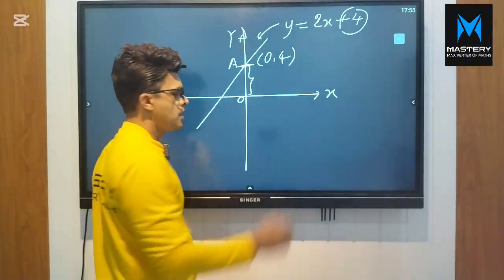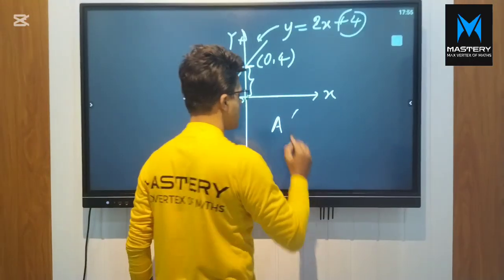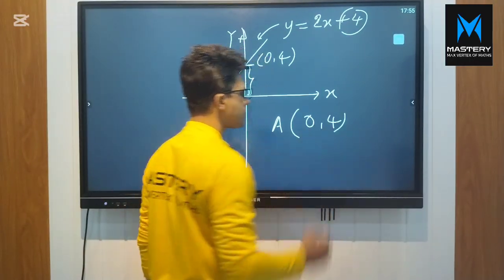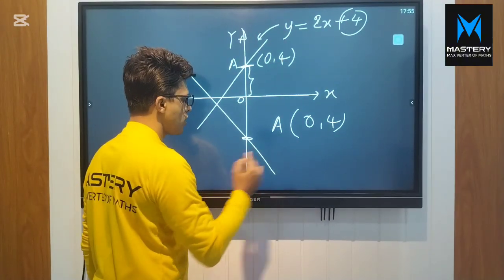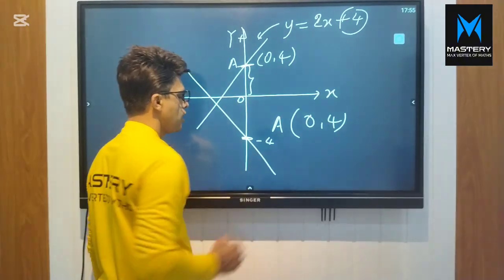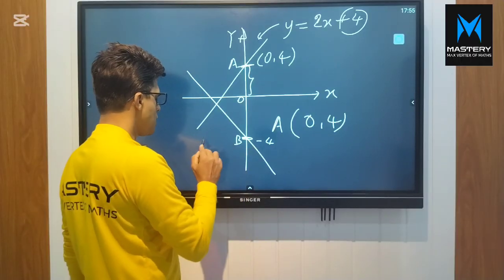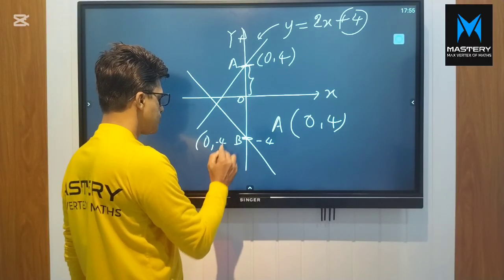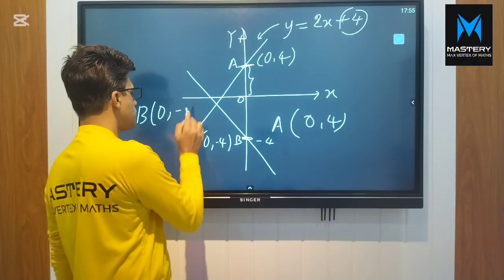So the answer is (0, 4). I mean, we need to get the coordinates of A, which is (0, 4). Just to think of this one, if this is minus 4 and this point is B, then B can be taken as (0, minus 4).